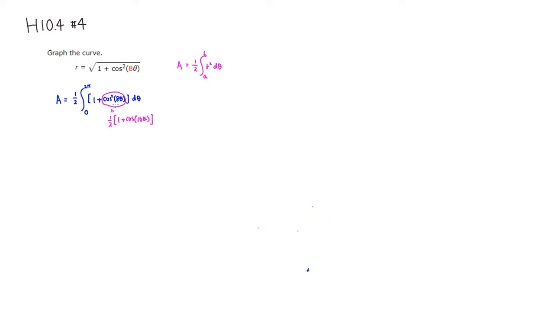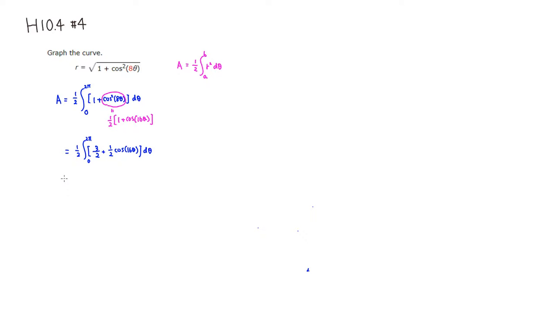If you combine, there's a 1 here and this is 1/2, so I'm going to combine those. So you have a 1/2 integral from 0 to 2 pi, then 1 plus 1/2 is 3/2, then we're going to have 1/2 cosine of 16 theta with respect to theta.